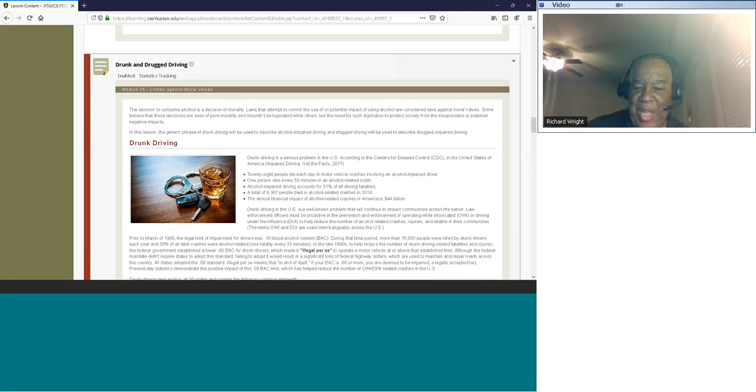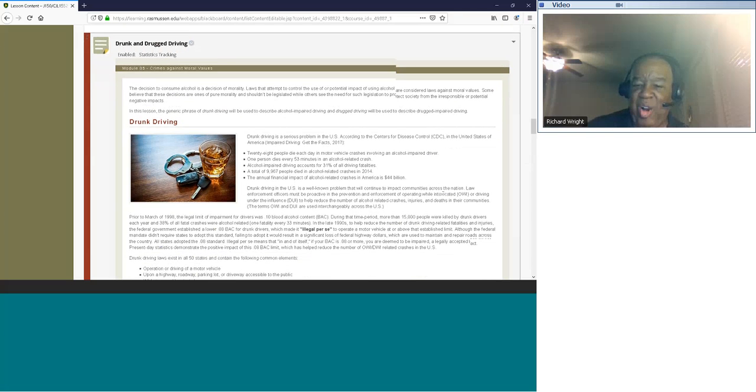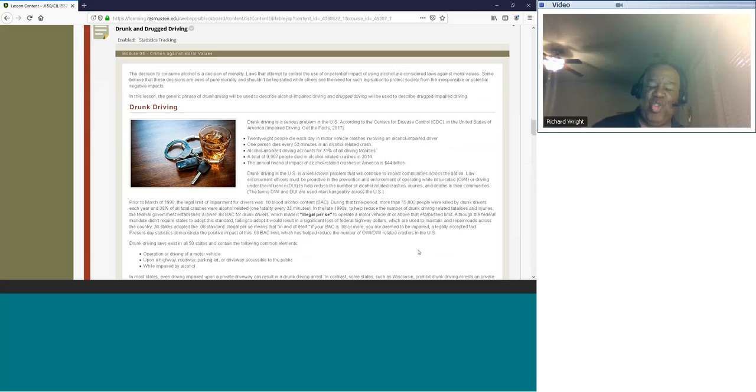Annual financial impact of alcohol and drug-related crashes is in the billions, and it costs you in terms of insurance premiums. It costs you in terms of purchases for vehicles, all kinds of things. And so law enforcement agencies are out there. They have road stops.